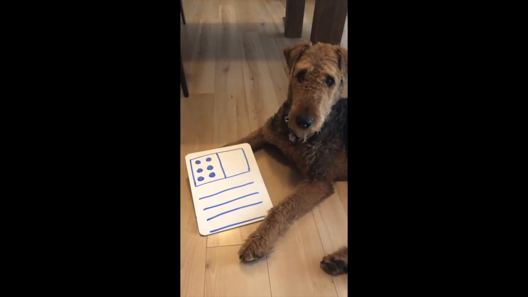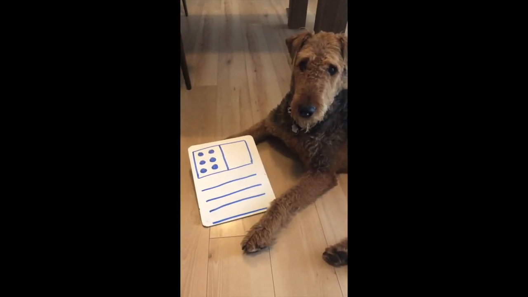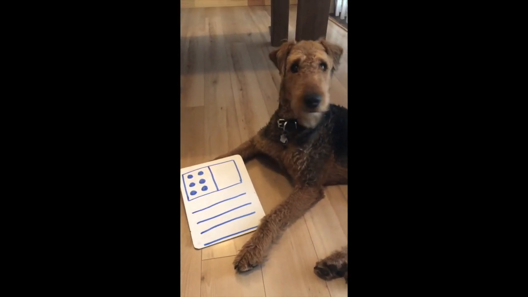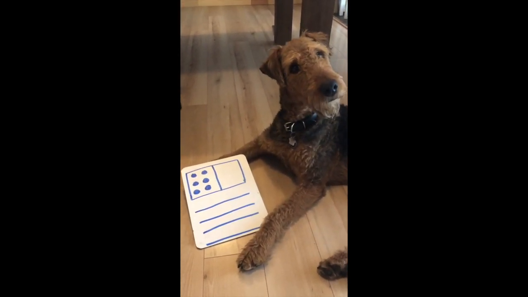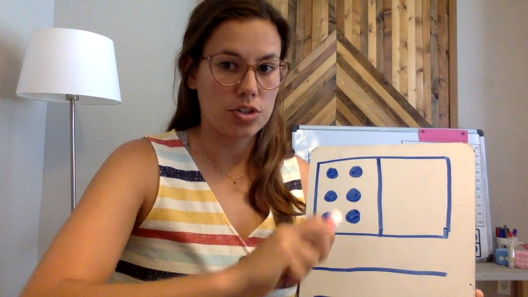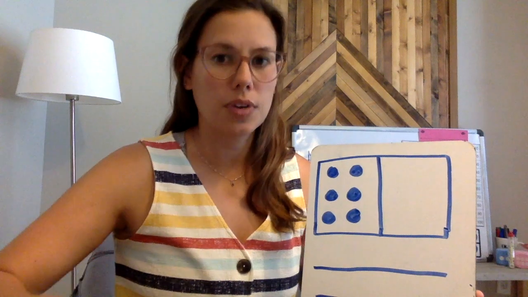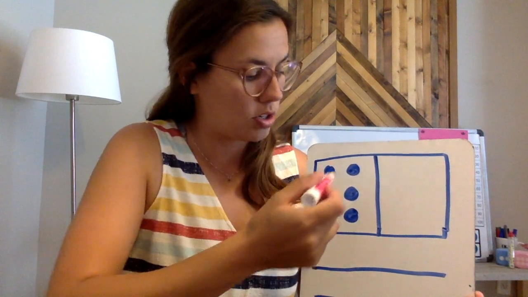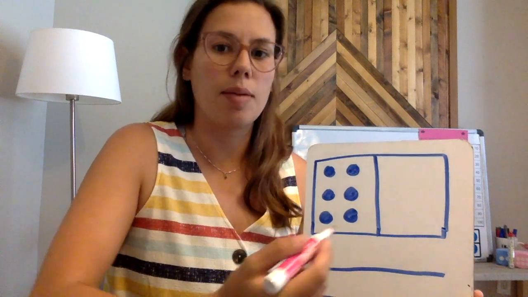In my example, I drew 6 dots, so I want you to figure out what you need to add to the 6 dots to get the number 11, and then find the fact family. Look at Ravi's example. We're going to start with 6 dots, and remember, we're always trying to make the number 11. So I'm going to use the strategy of counting on. I already know that this is 6, and I'm going to start counting on.